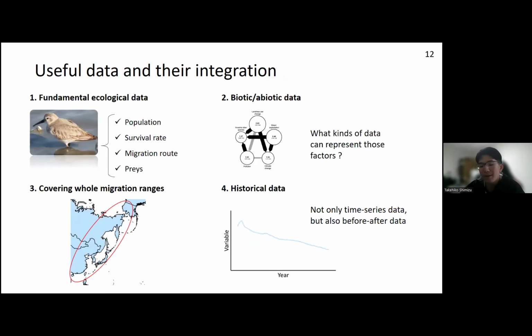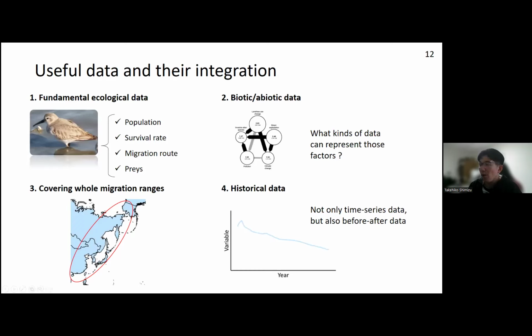For the last part, I show you some examples of useful datasets in addition to current monitoring data. The first one is fundamental ecological data relating to shorebirds, such as survival and breeding data, migration route, home range, and prey items. This type of data tends to be gathered locally and nationally, but compiling the information is very important to assure enough data for analysis.